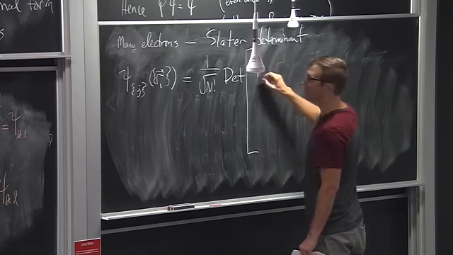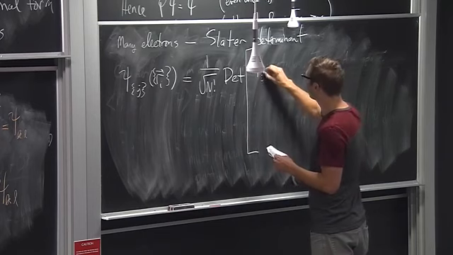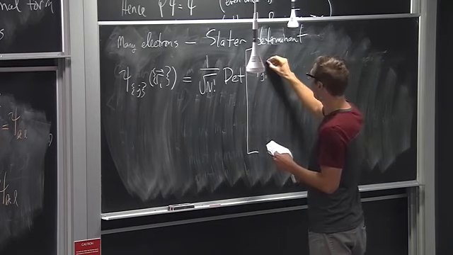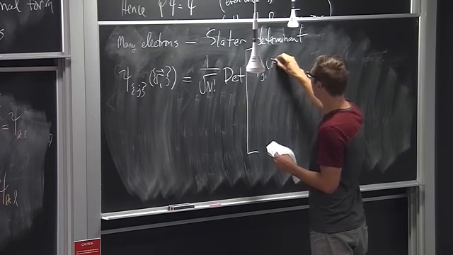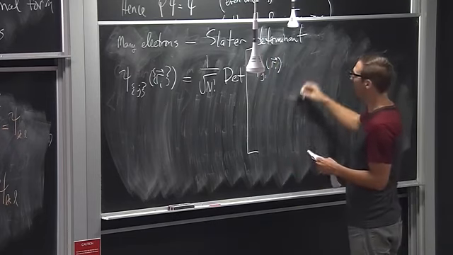The J labels count up as I count columns, and the I labels count up as I count rows.